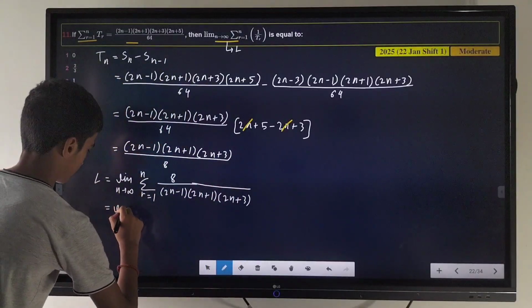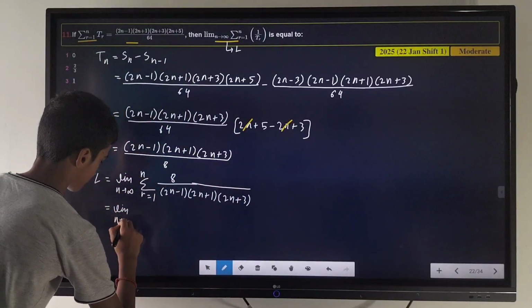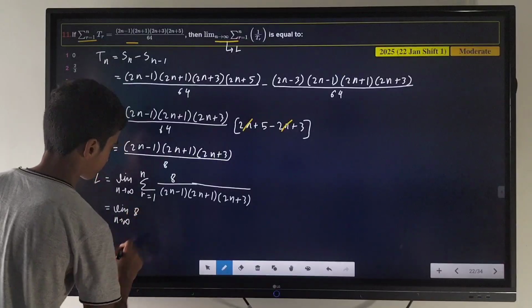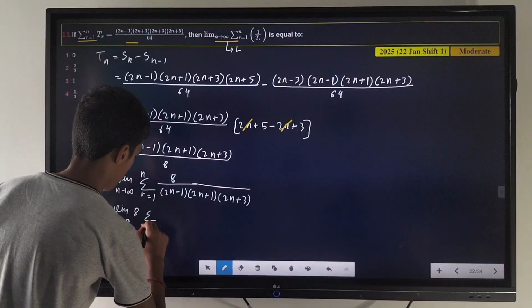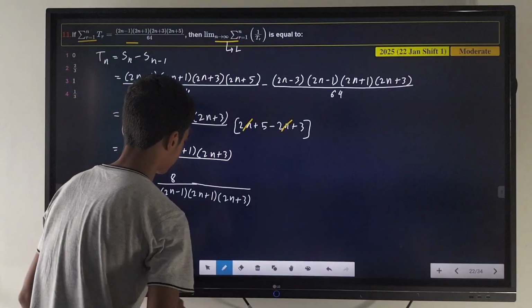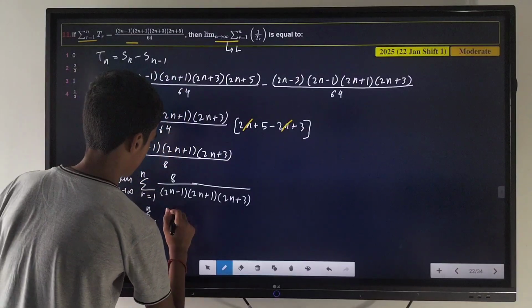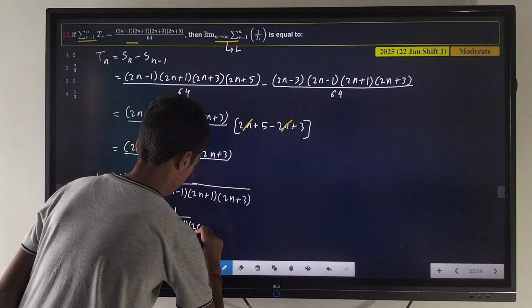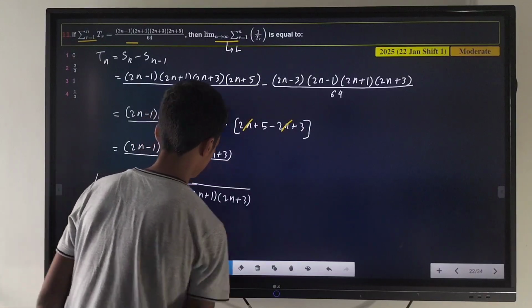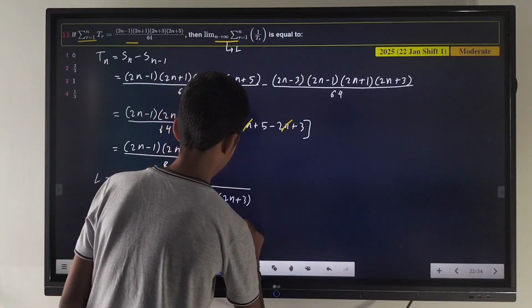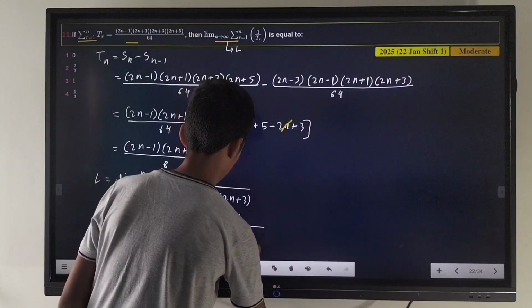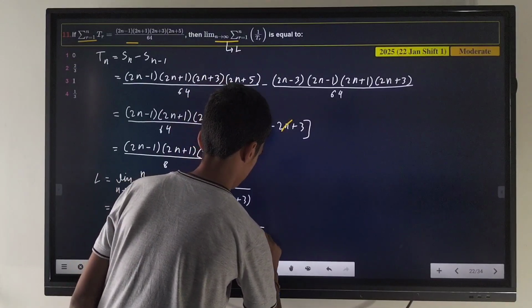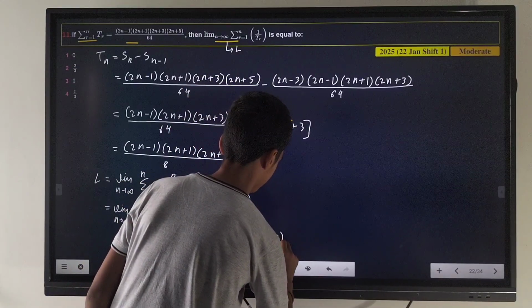Now this will be limit n tends to infinity, 8 sigma r is equal to 1 to n. We can break it as 1 upon (2n minus 1)(2n plus 1) minus 1 upon (2n plus 1)(2n plus 3).